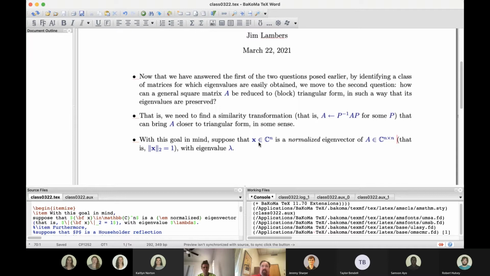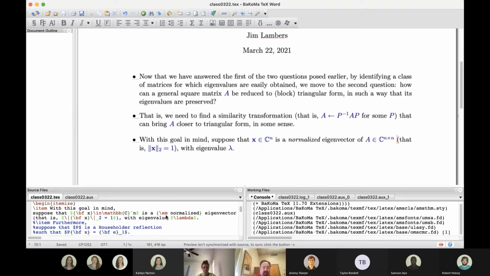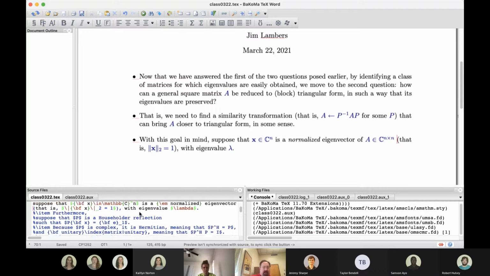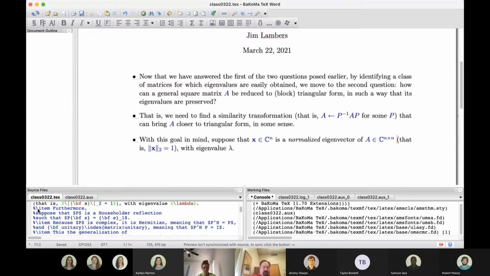Specifically, the largest eigenvalue. So if we have one such eigenpair, eigenvalue and eigenvector, what can we do with it to reduce the size of the problem to get us on the path to finding the remaining eigenvalues and eigenvectors? So lambda is our eigenvalue, x is our eigenvector, and we'll normalize it so that it is a unit vector. It has a 2 norm of 1.